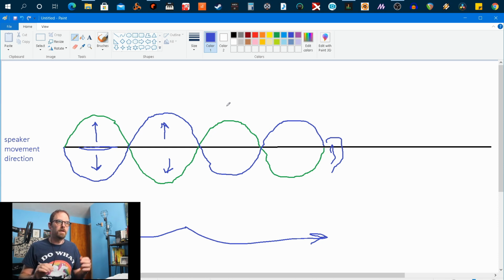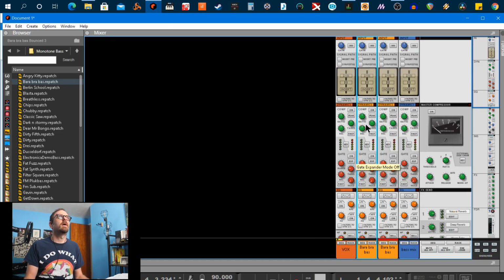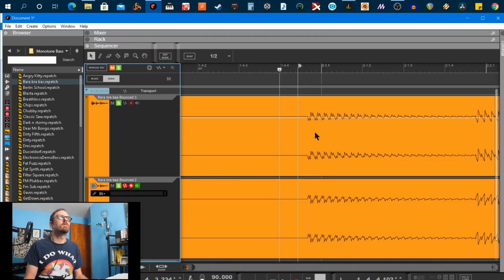And to the opposite way, sometimes you have things that are in phase and they add up. So if we come back here and we go into the mixer and I flip the phase on one of these and I play them back now, even though they still look out of phase, they're in phase now.